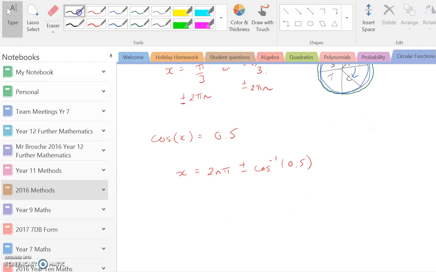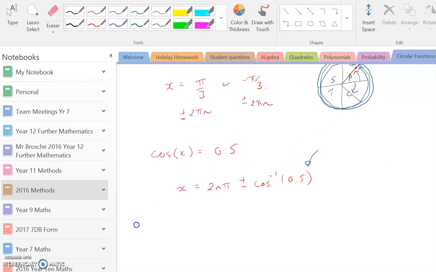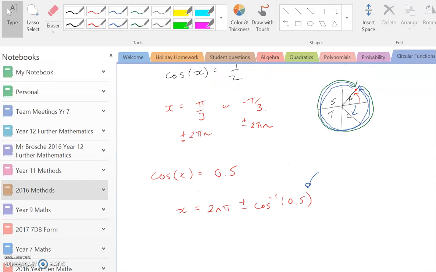And I should know from year 10 maths that to get x by itself, you normally take the inverse. So if you had cos of theta equals 0.3 and you want to find the angle, you would take the inverse, using the calculator. We've just been dealing with special values.